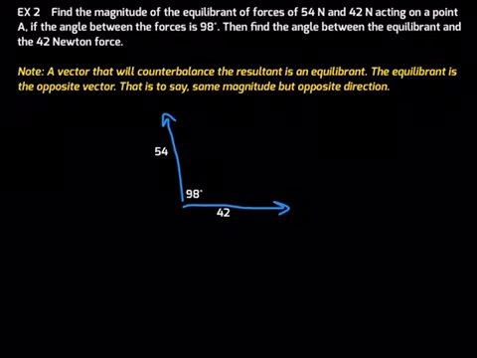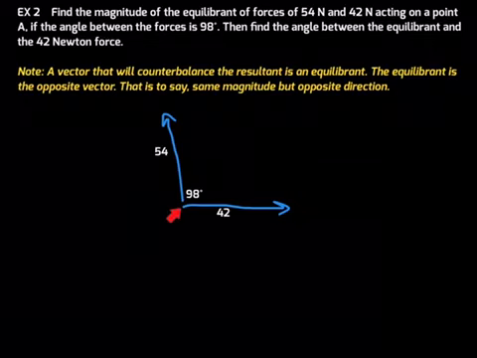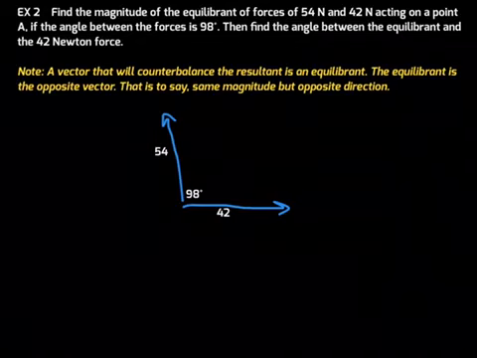I have my two vectors with their initial points coinciding, and the angle between the forces is 98 degrees. What I'm going to do now is form my parallelogram, so I can use the parallelogram rule. I've created my parallelogram with opposite sides being equal.